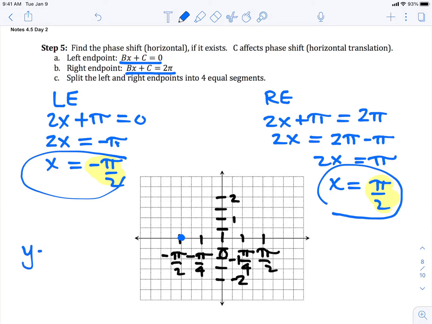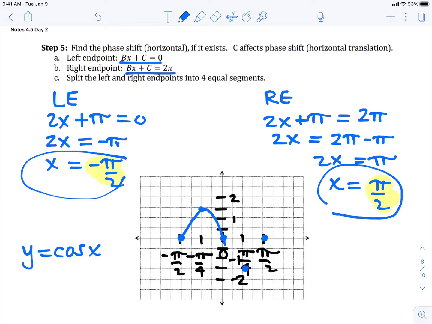This is a cosine function, so it's going to work its way up to the top of the amplitude, so up to 1.5. Then it's going to go to 0, and then down to 1.5 in the negative, and then back to 0.